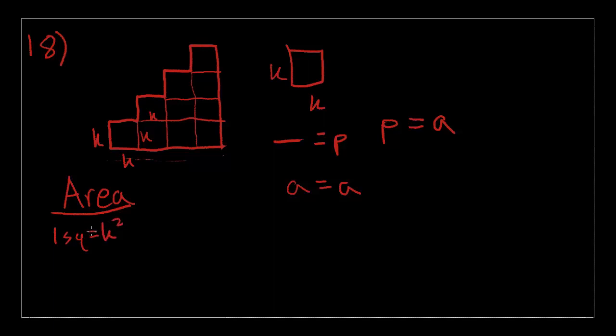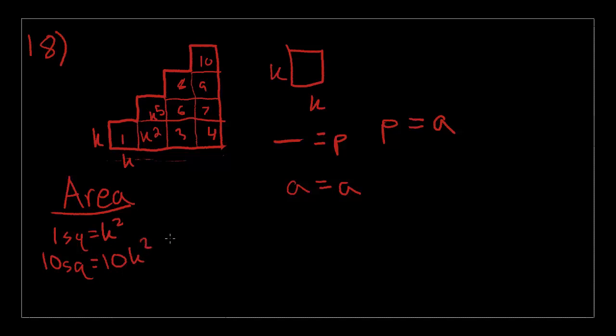Since there are 10 little boxes, like 1, 2, 3, 4, 5, 6, 7, 8, 9, 10. And that was just intuition that told me 10 boxes. I don't know. But there are 10 boxes. So the area of 10 of these, which is the total area, is equal to 10k squared.